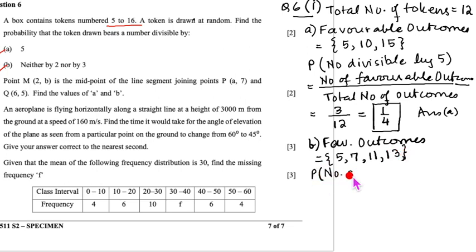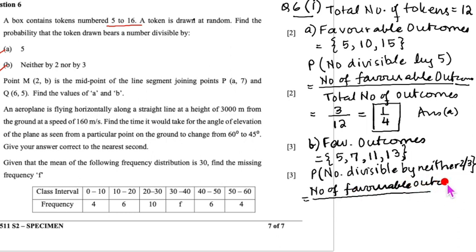So the probability of a number divisible by neither 2 nor 3 will be equal to the number of favorable outcomes upon the total number of outcomes, which is equal to 4 upon the total, that is 12. That will be 1 upon 3, and that is our answer B.